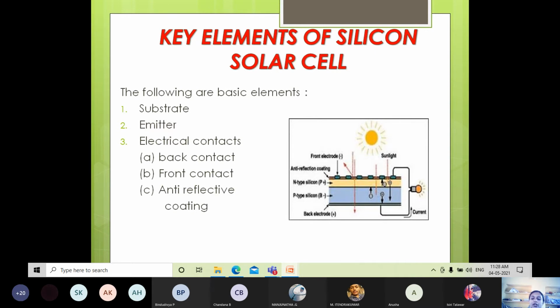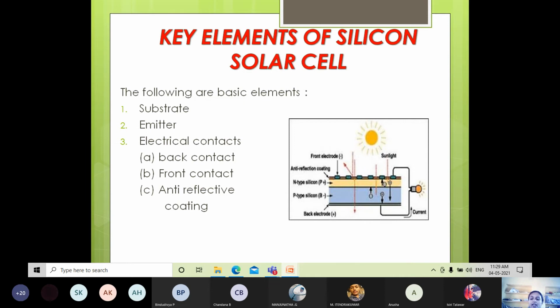If we want to get the maximum current, then the contacts must be placed across the entire surface of the solar cell. This is the front contact. To improve the conversion efficiency, the shading effect must be minimized.